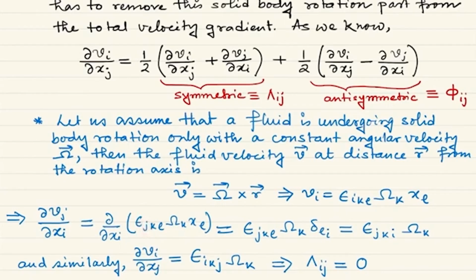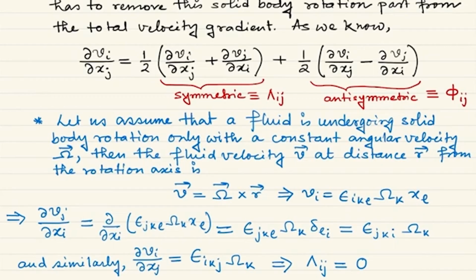So this is equal to epsilon jkl del xi omega k xl. Now omega k is constant, so it comes out. Finally you have del xl del xi, and what is del xl del xi? It is nothing but the Kronecker delta li. If l is equal to i, it is 1, otherwise it is 0.